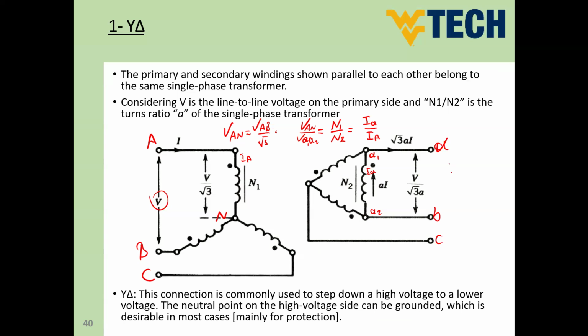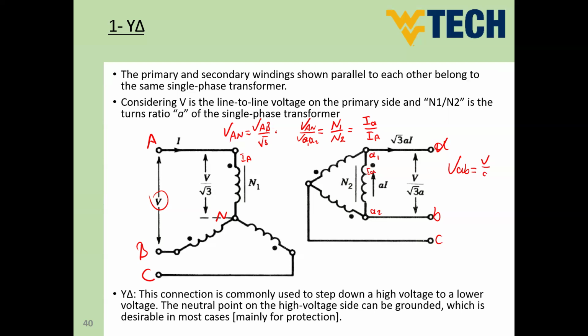So I can say here VAB equals the same as the volt of this winding, which is nothing but VAN times N2 divided by N1, which is V divided by turns ratio.